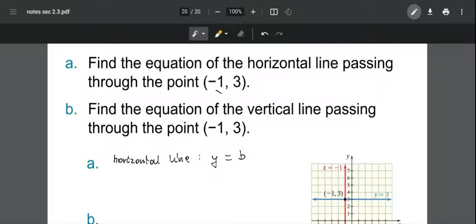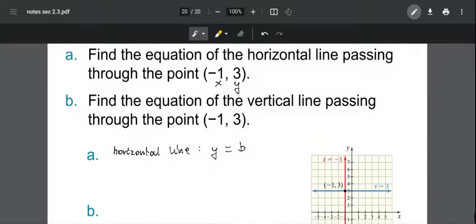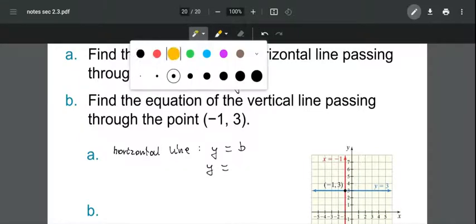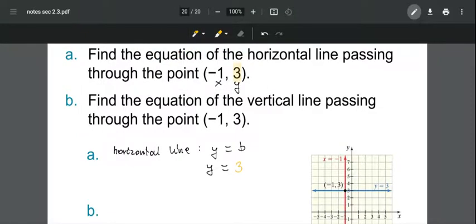When they give you the point -1, which represents x, and 3, which represents y, our horizontal line will be y equal to the y-coordinate of the given point. The y-coordinate is 3, so y equals 3.